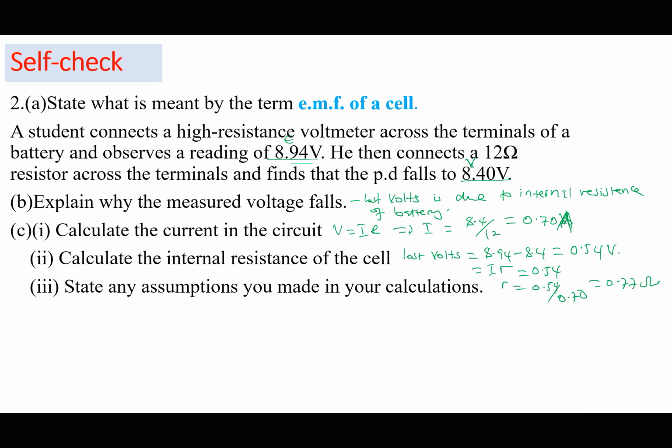State any assumption you made in your calculation. So which assumption can we make here? We can assume that the resistance of the connecting wires is negligible in the first place. Also, we can assume that the internal resistance remains constant.